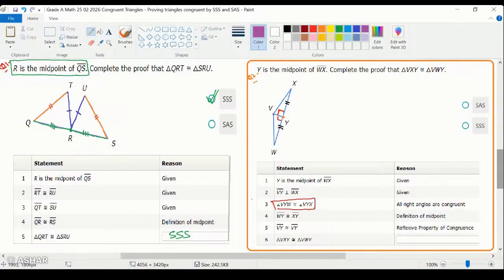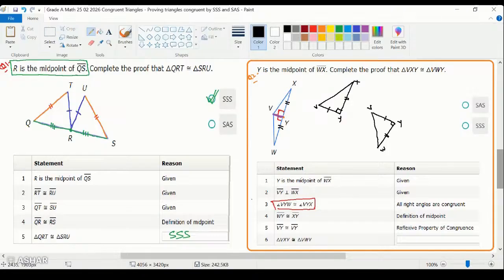Yes, we do have a common side, right? That means if this shape was formed something like this, this was 90, this was VY, and this was YX, right? If I draw the same shape, the lower part, so we can say this was VY, this was given, this was 90, and this was W.